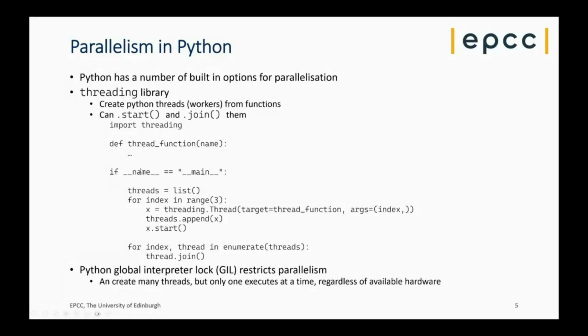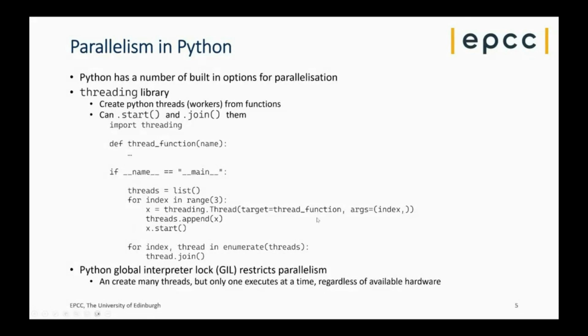We've defined a function that a thread is going to run, and in this case, a thread is just a worker of the overall program. Then in the main program in our Python program, we create 3 threads. I'm looping over a range of 3, adding them to a list, and then I start them, and at the end I collect them together. So I can create workers using this threading library pretty simply.